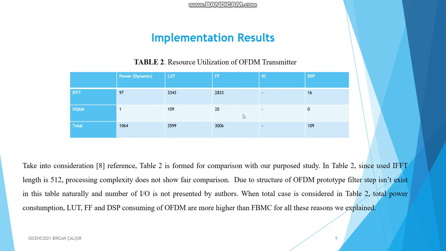Naturally, number of input-output is not presented by authors. When total usage is considered in Table 2, total power consumption, LUT, flip-flop, and DSP consuming of IFFT are higher than FBMC for all these reasons we explained.